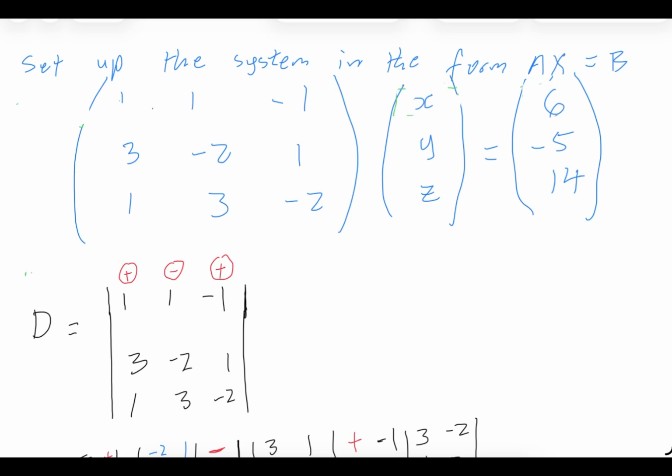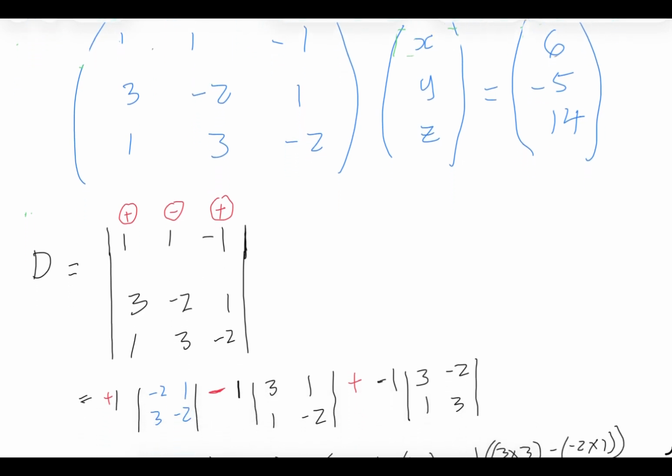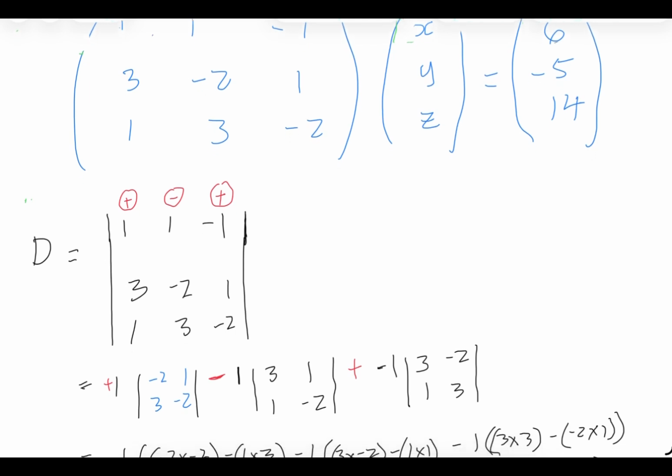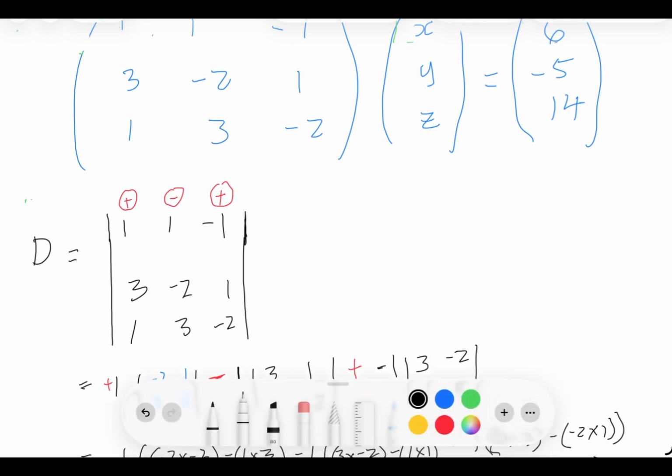So what we will do, we take the first number in the first row, which is 1. Here's your 1 right here. Then we strike out the row and column that 1 is in.